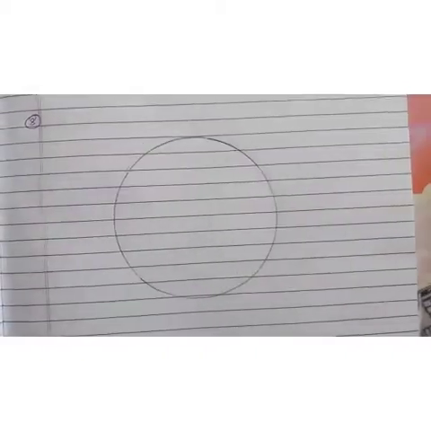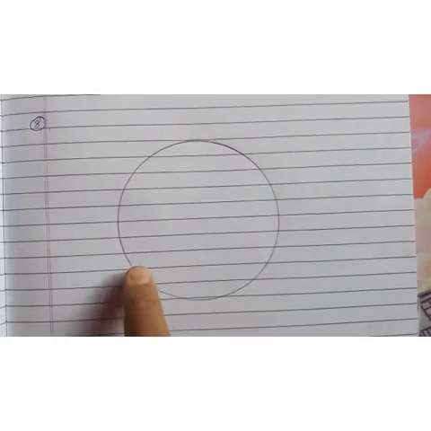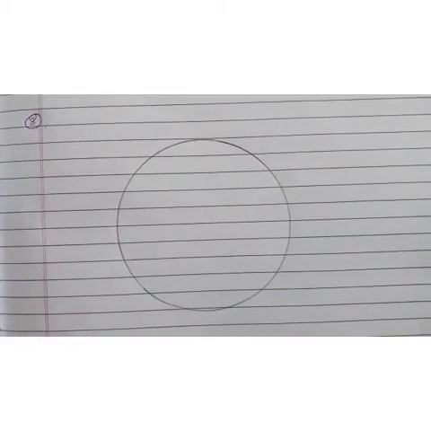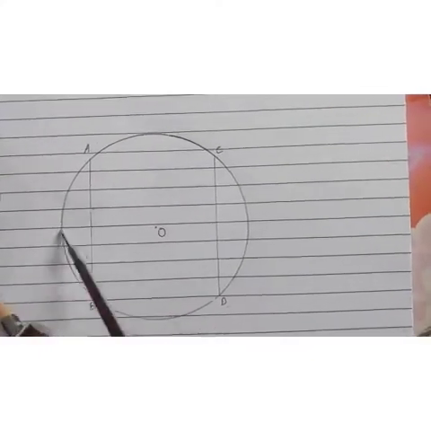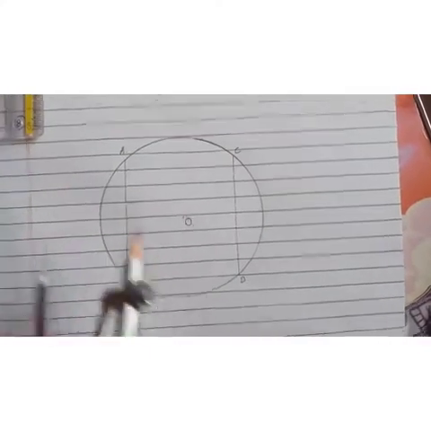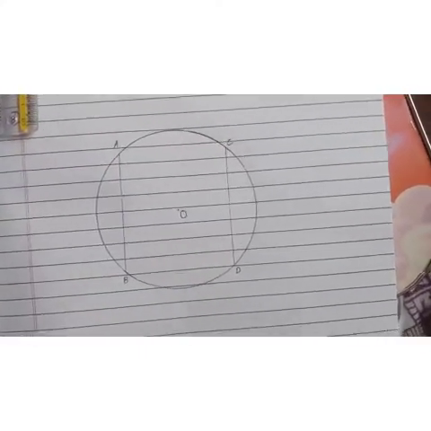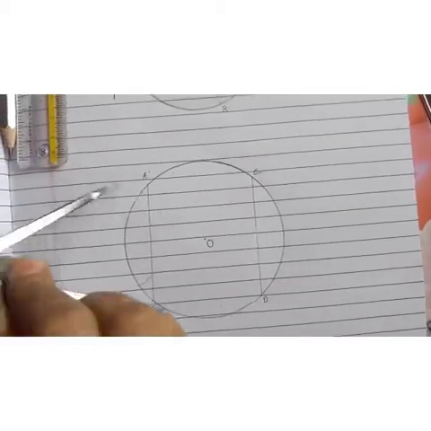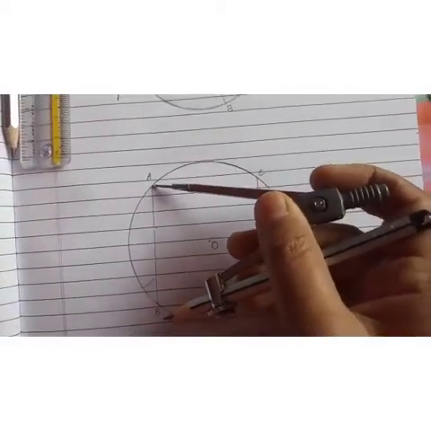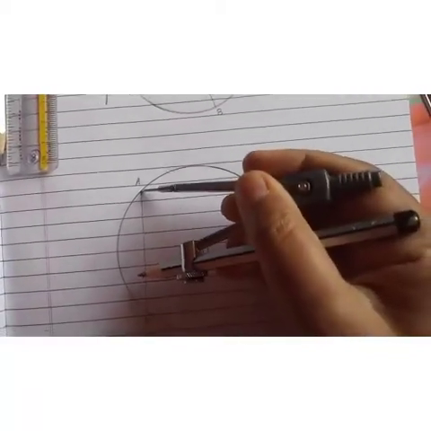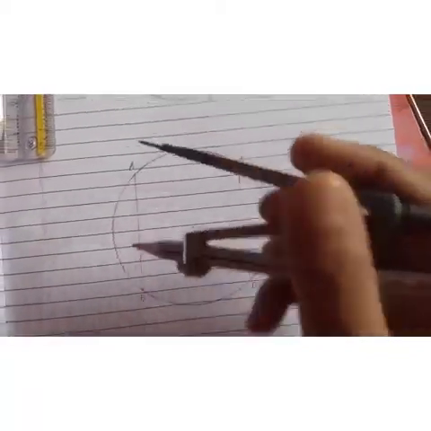Now draw any two chords on it. I will draw one chord here, another chord here. You also do along with me, or you can take it like this also. Now consider the line segment, chord AB. How do you construct a perpendicular bisector? With A as center and radius more than half. Adjust your compass. See here, is it more than half?